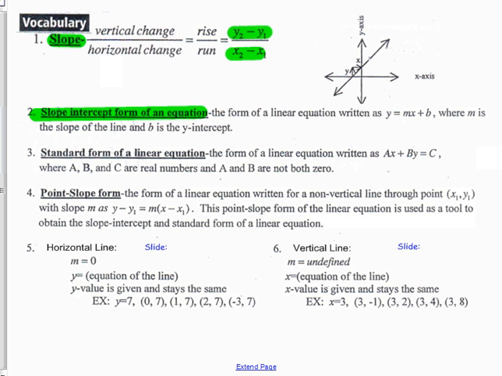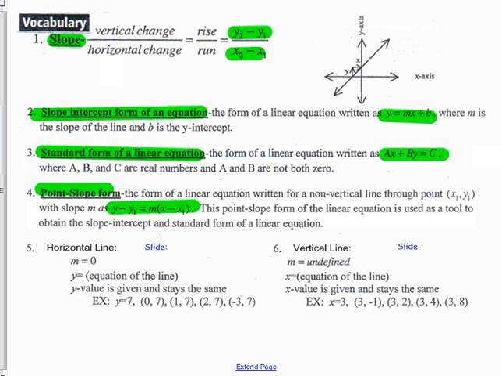Everybody knows slope-intercept form of an equation, and this is slope-intercept form: y equals mx plus b. The standard form of a linear equation is ax plus by equals c. Point-slope form, that's this form right here.